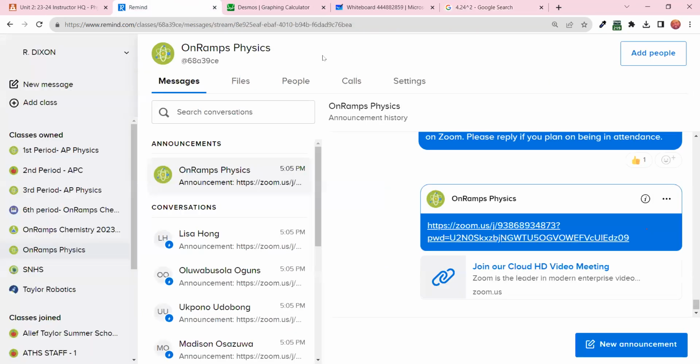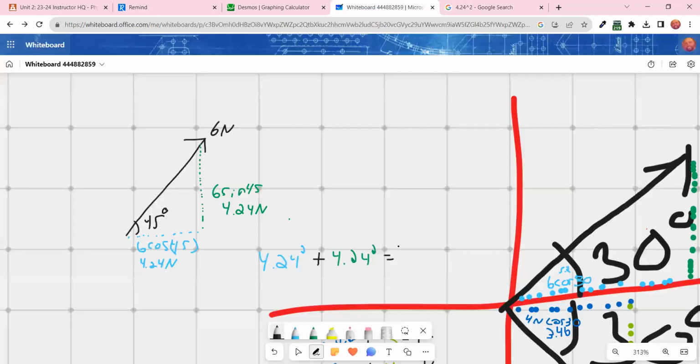All right, let's say 18. C squared means that 18 plus 18 is equal to C squared. 18 plus 18 is 36. C squared. And the square root of 36 is equal to 6. This side plus this side through the Pythagorean theorem is equal to this side.